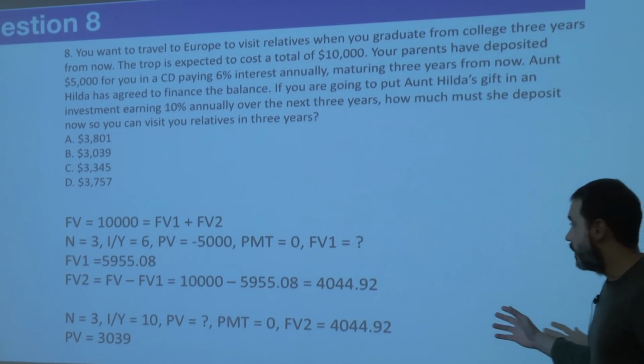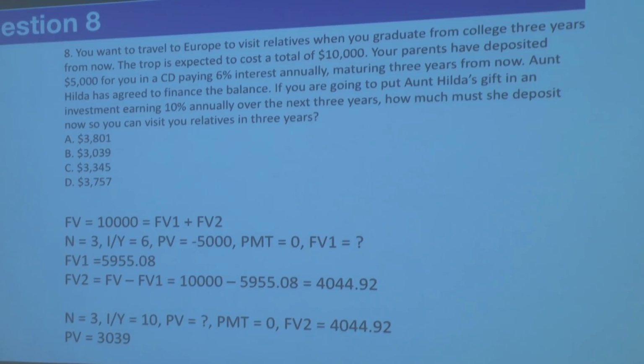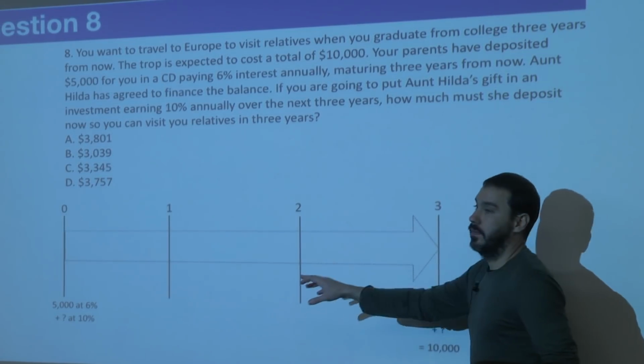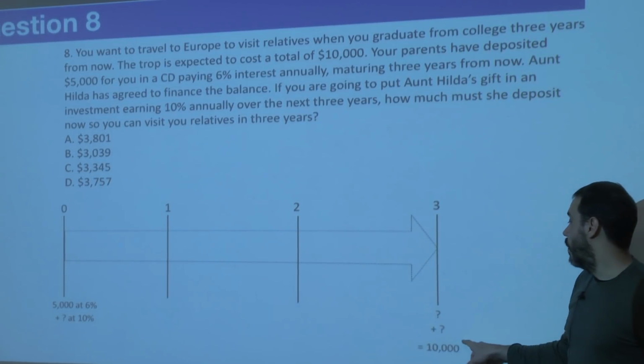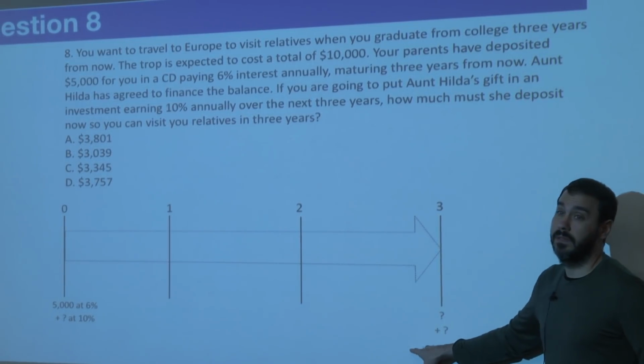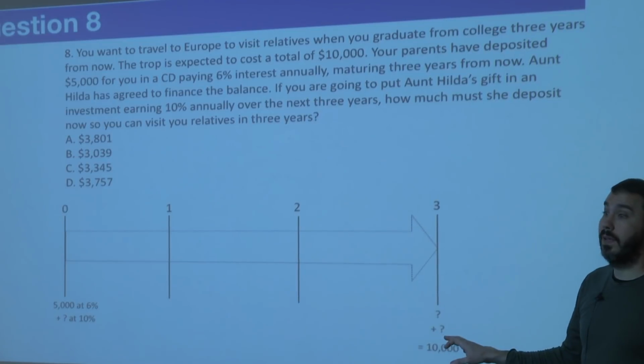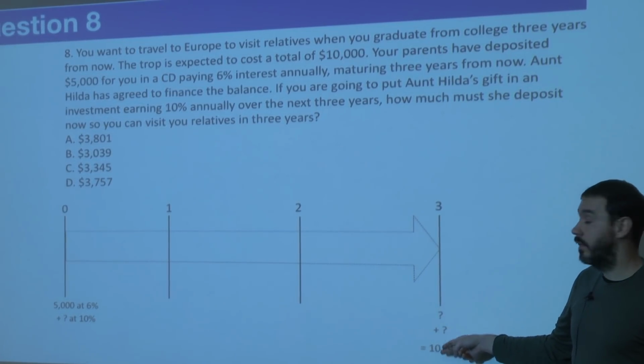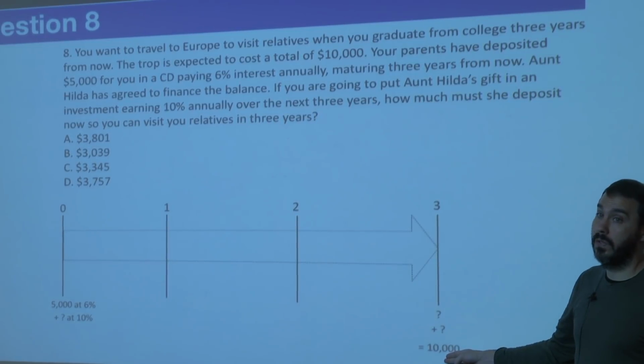So what is important about this exercise is that you understand the reasoning at this level. You have some final result that you are told. You need to have $10,000. You have two sources that added together need to give you $10,000.